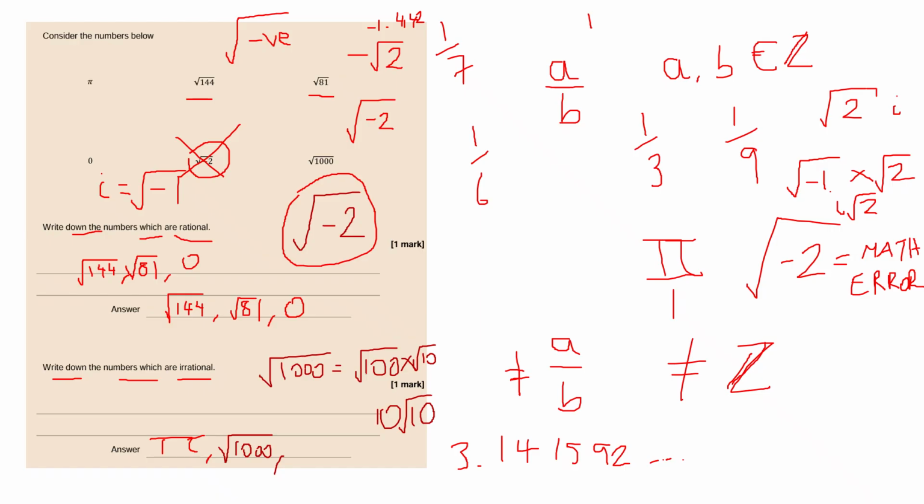But that is looking at types of number for GCSE maths. So just to recap, a rational number is a whole number or can be expressed as a fraction a over b, where a and b are integers. An irrational number is a number that cannot be expressed as a fraction.